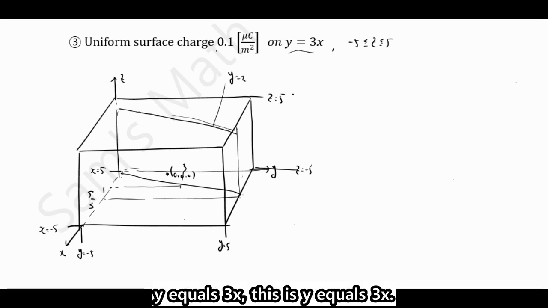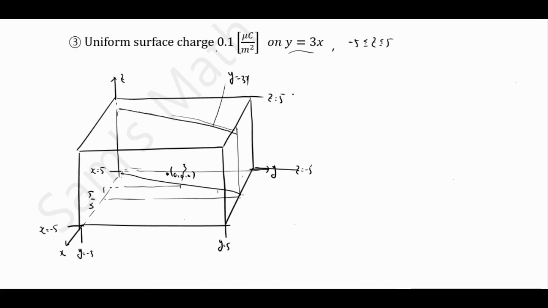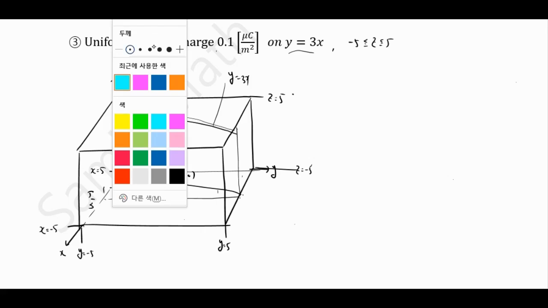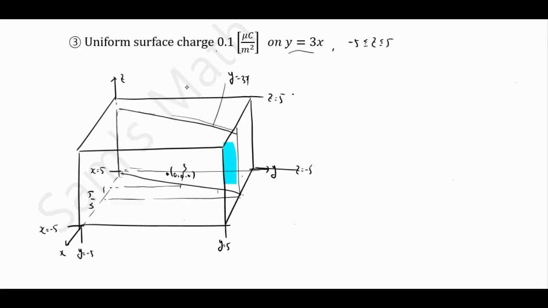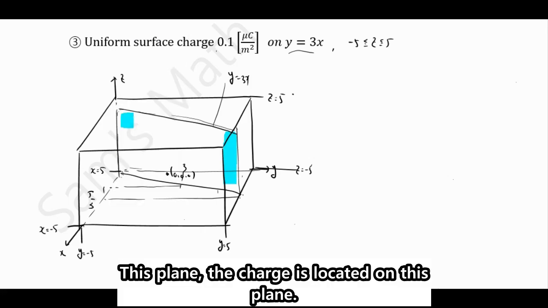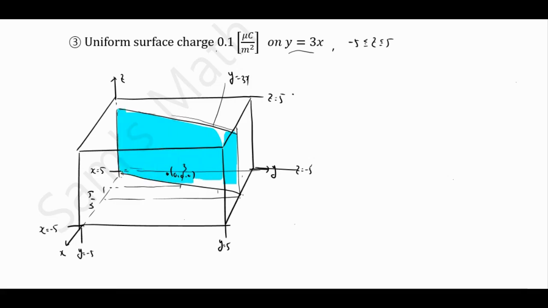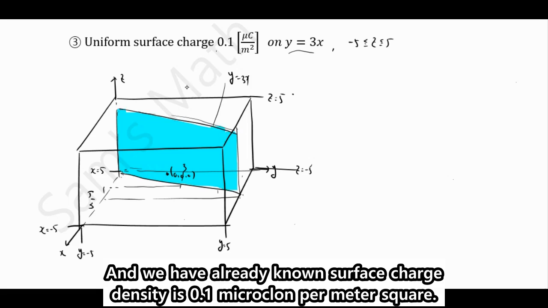So y equals 3x, this plane. The charge is located on this plane, and we already know the surface charge density is 0.1 microcoulomb per meter square.